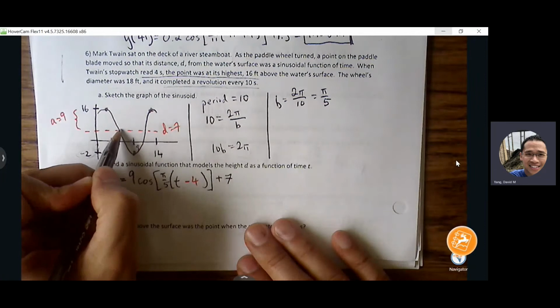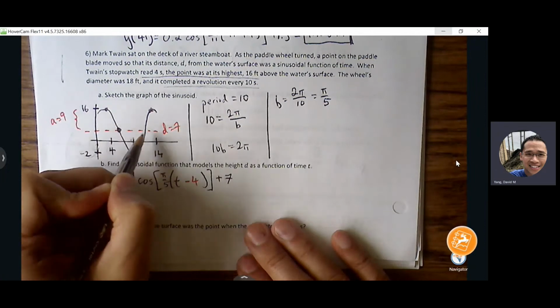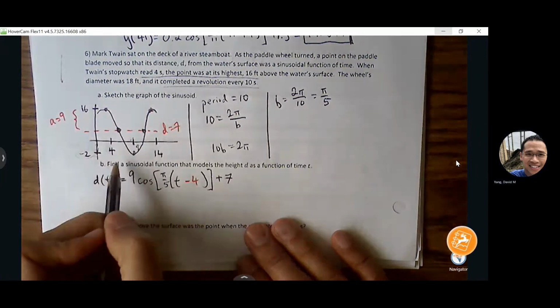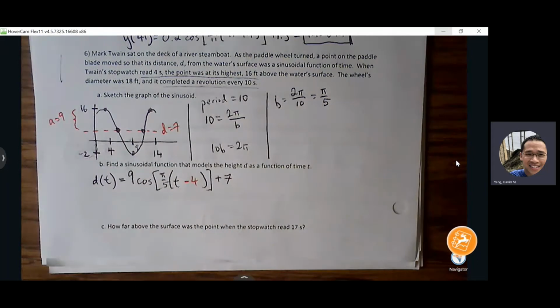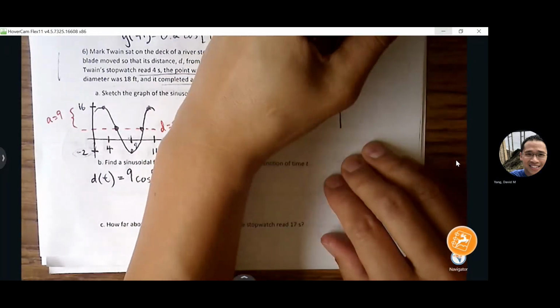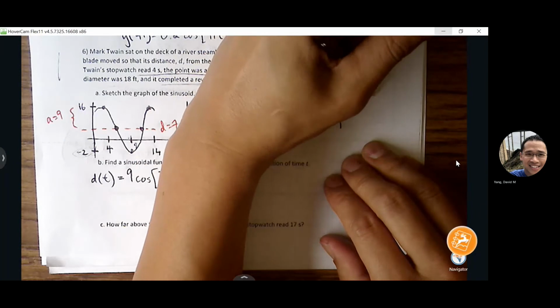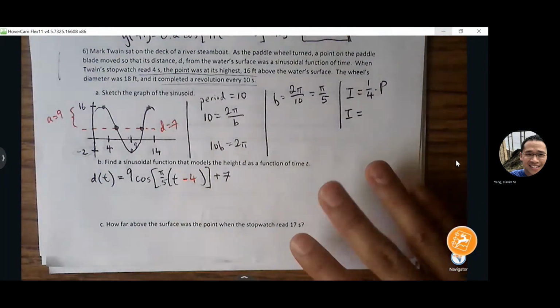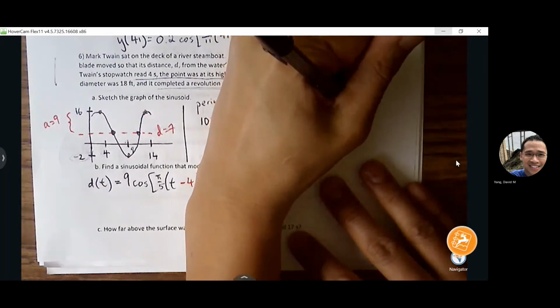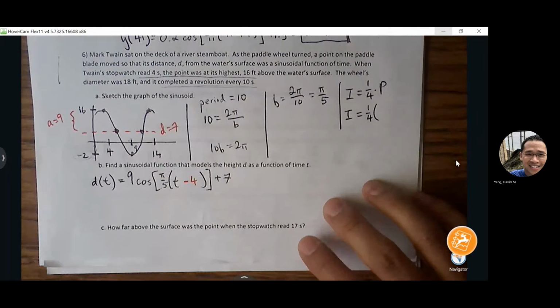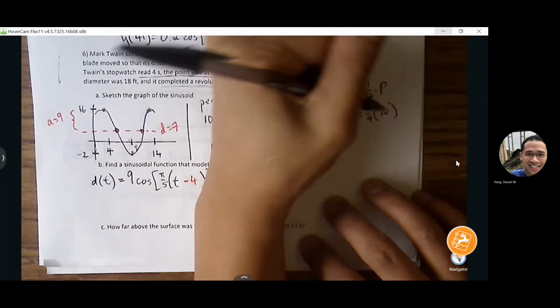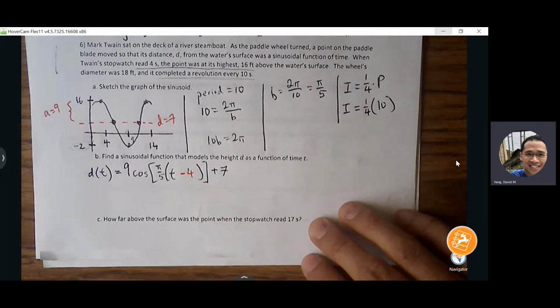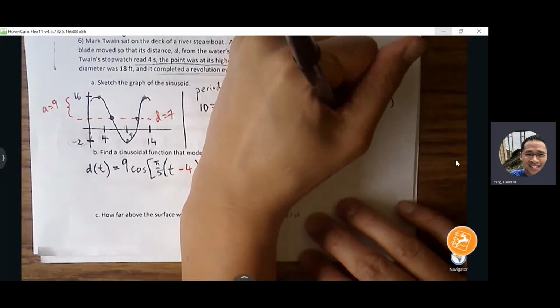That means we need a midline. Either you do the midline here or the midline here. But to find the midline, it helps if we find the interval. So 10 over 4 is 2.5.